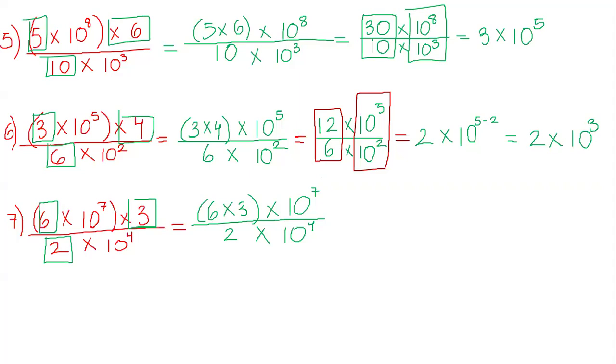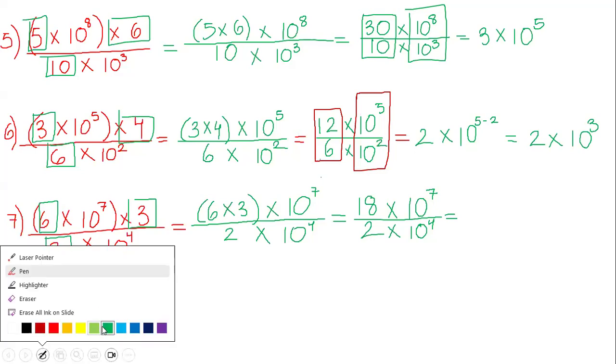All right. What do we have now? It's going to be equal to 6 times 3, which is 18, all over 2, and on top, we have 10 to the power of 7 over 10 to the power of 4. What do we do at this point?